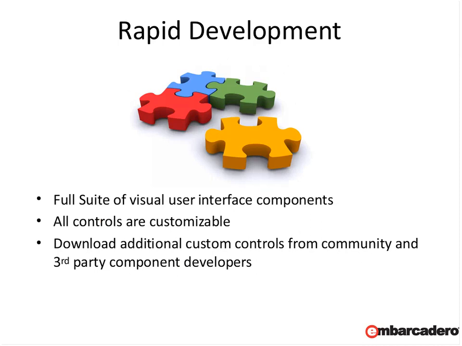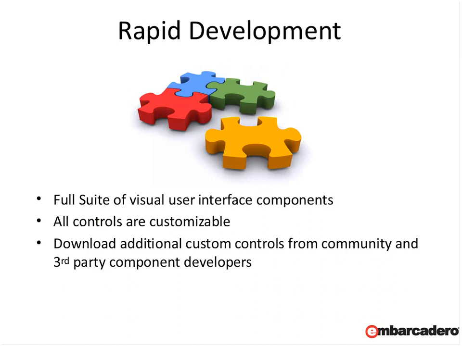And of course, rapid development. FireMonkey has this full suite of visual user interface components that I mentioned previously. We have different buttons and different user interface components that you're probably already familiar with from Delphi and C++ Builder. Very powerful, drag and drop, fully customizable. You can resize, you can add powerful styles to it.